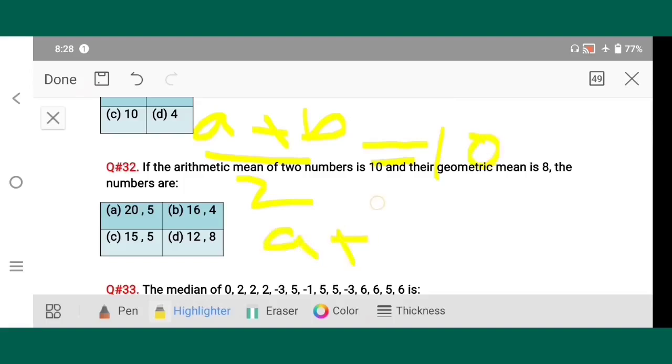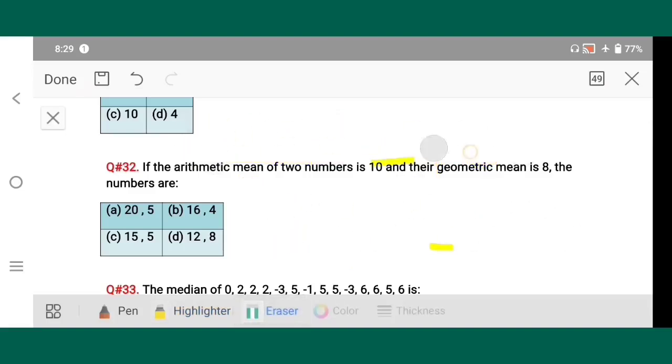So a plus b will be equal to 20. Just write down a plus b equals 20.